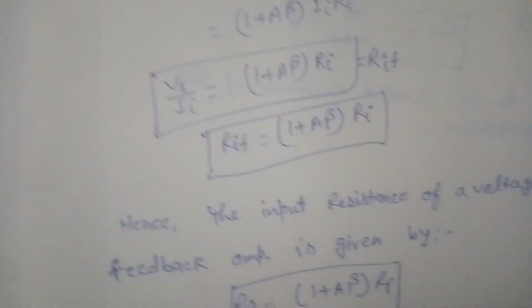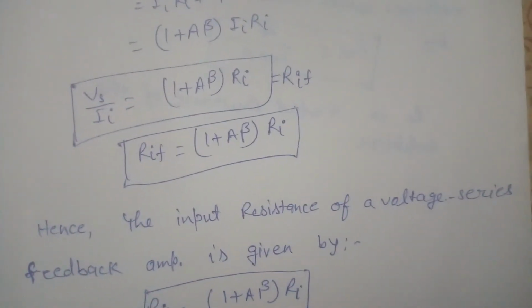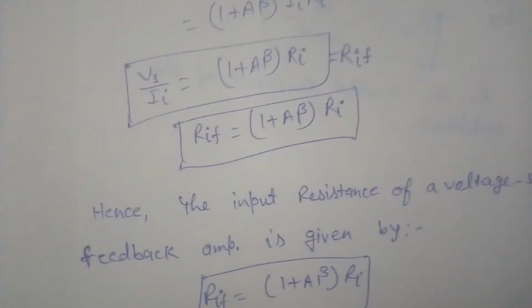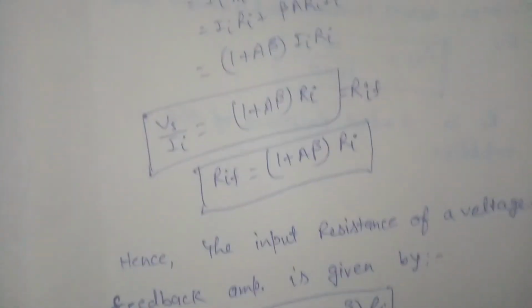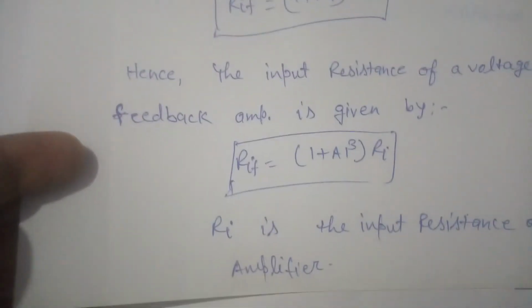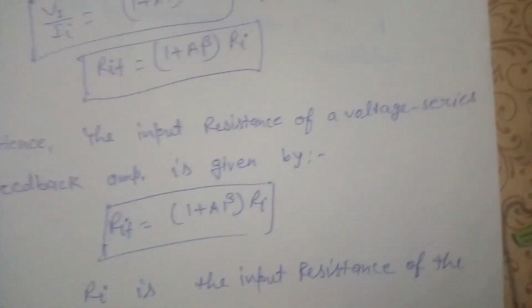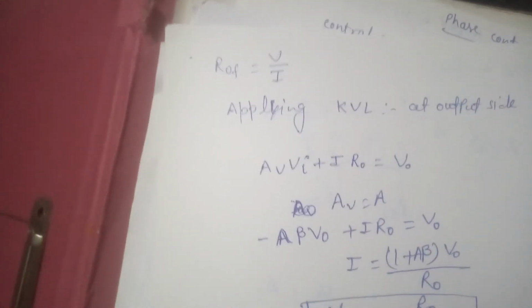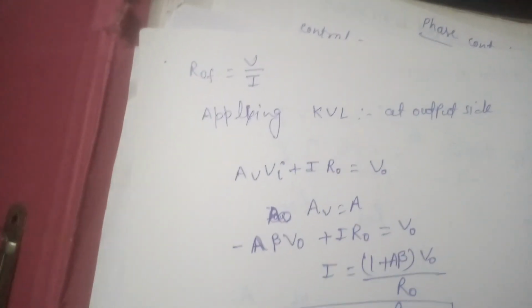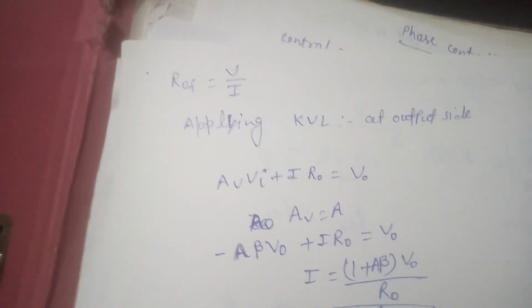Hence the input resistance of the voltage series feedback amplifier is given by this equation, where Ri is the input resistance of the amplifier.